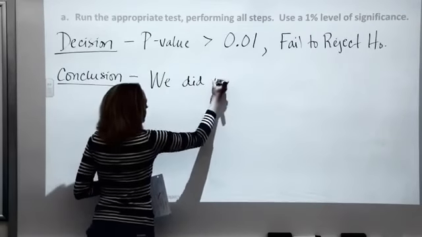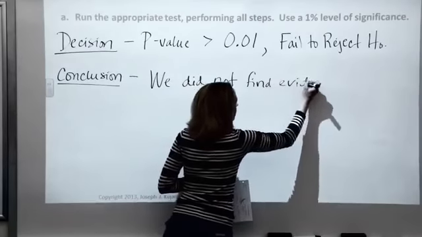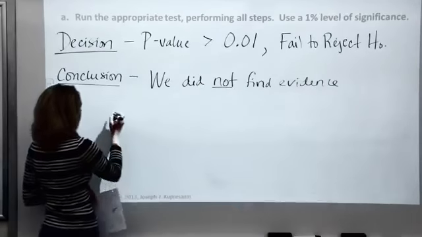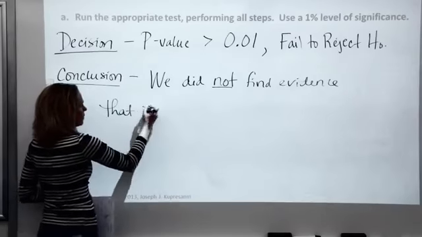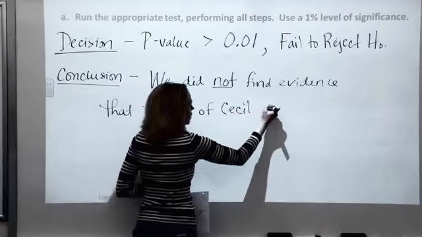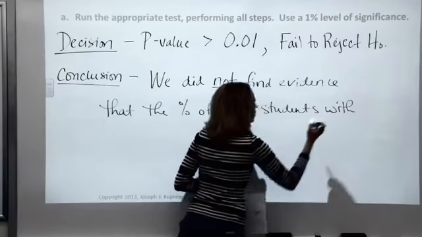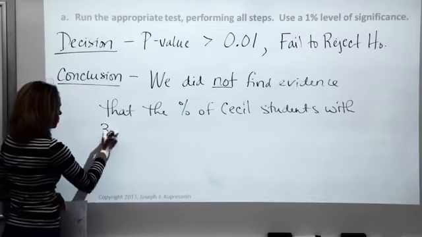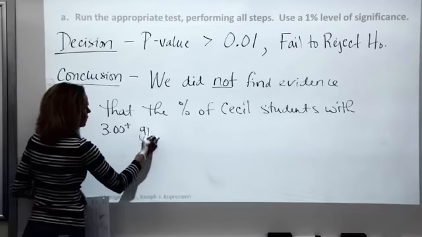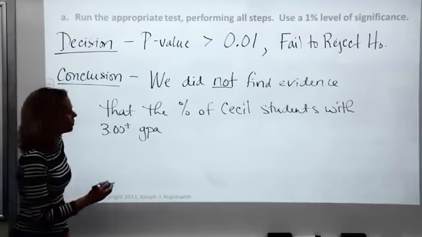We did not find evidence that the percentage of Cecil students with 3.0 or higher GPAs, we didn't find any evidence that the percentage is any higher at Cecil than it is at Hartford.